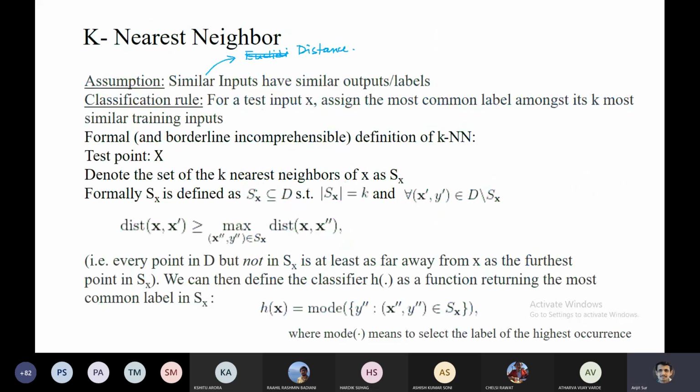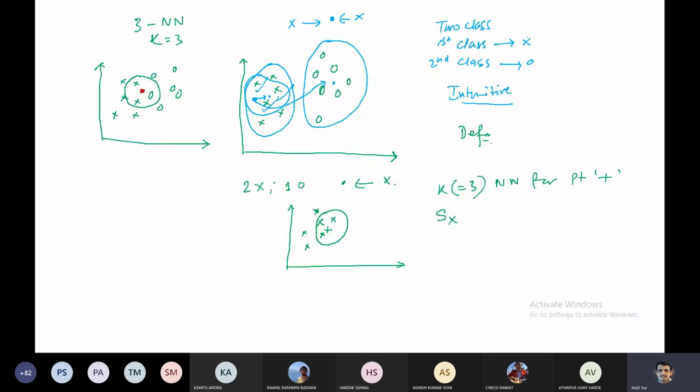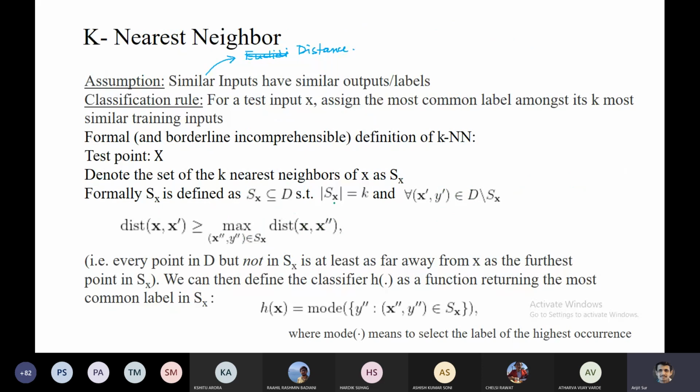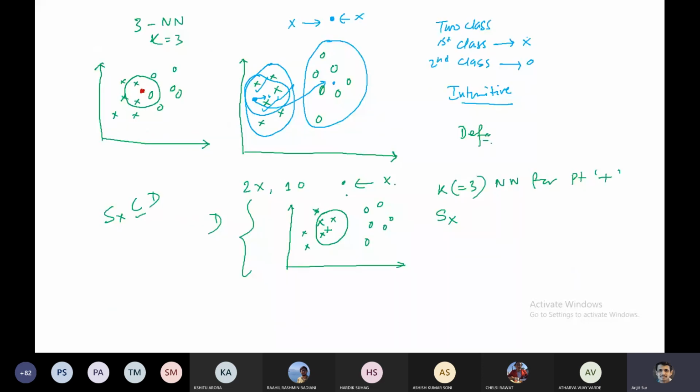Sx is definitely a subset of all the data points, whatever data points are given, D. So Sx is from D, all the given data points, such that the cardinality of Sx is k, which for our case is 3. That is also very easy to understand.